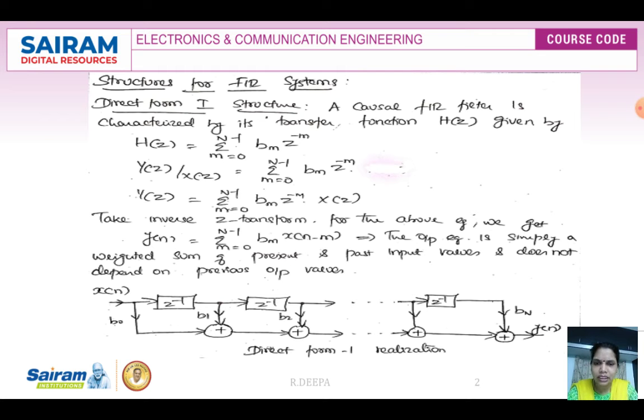Again in the next part, this x of n minus 1 will be fed as an input, so the output will be x of n minus 2. Parallelly we will be multiplying with b2, then it is added to the previous outputs. Like this we will keep on adding till m is equal to N minus 1. At the end, if you add all these weightages along with the present and the past inputs, you will be getting y of n. So we call this structure the direct form 1 realization.